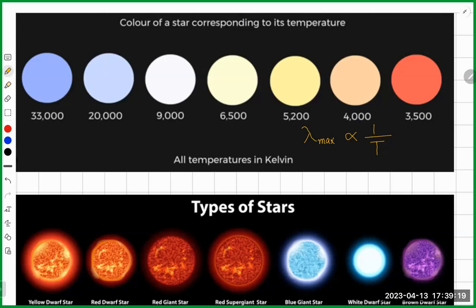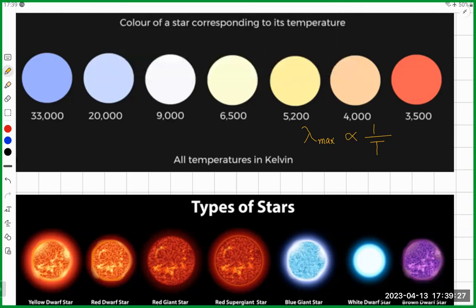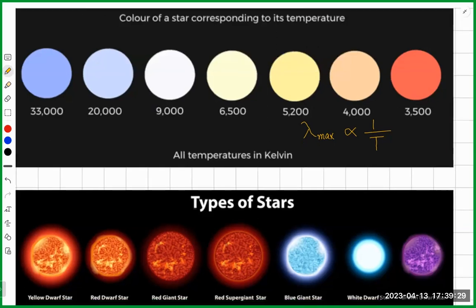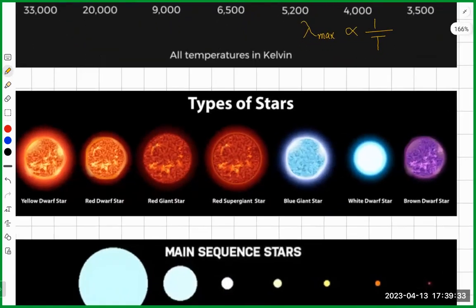So the wavelength is giving you an idea of the type of stars. Yellow dwarf star, red giant star, red supergiant star, blue giant star, and you know there is a problem.